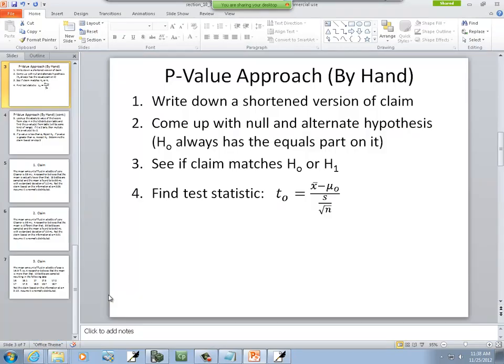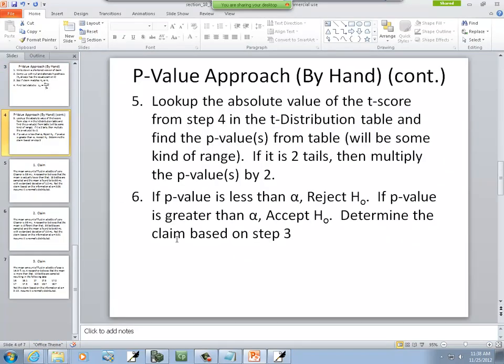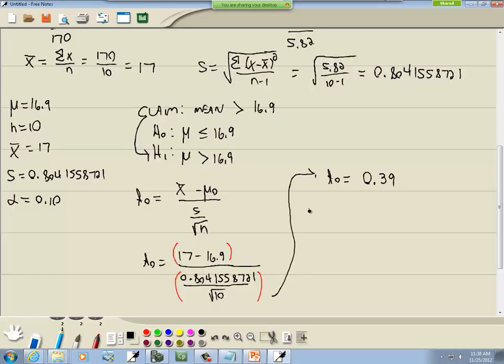Okay, step 5. Look up the absolute value of this in the t-distribution table. So we're going to look up 0.39 with degrees of freedom of 9. Remember, degrees of freedom was 1 less than n.